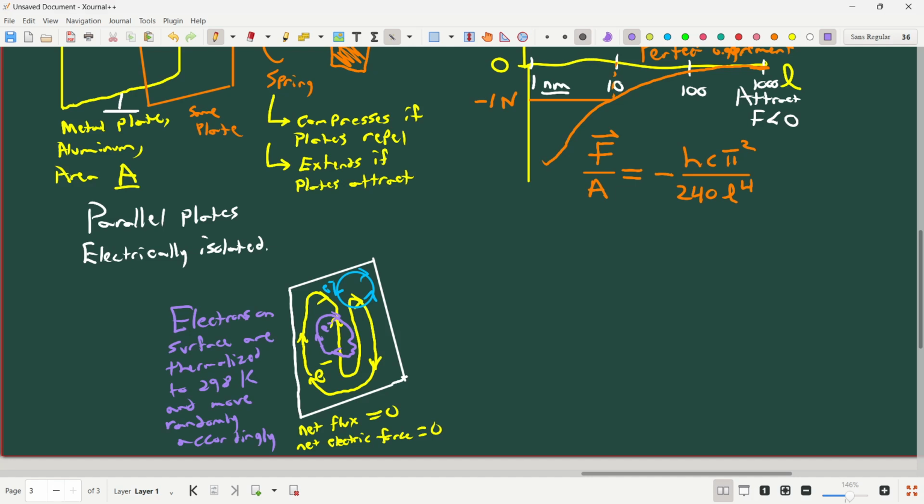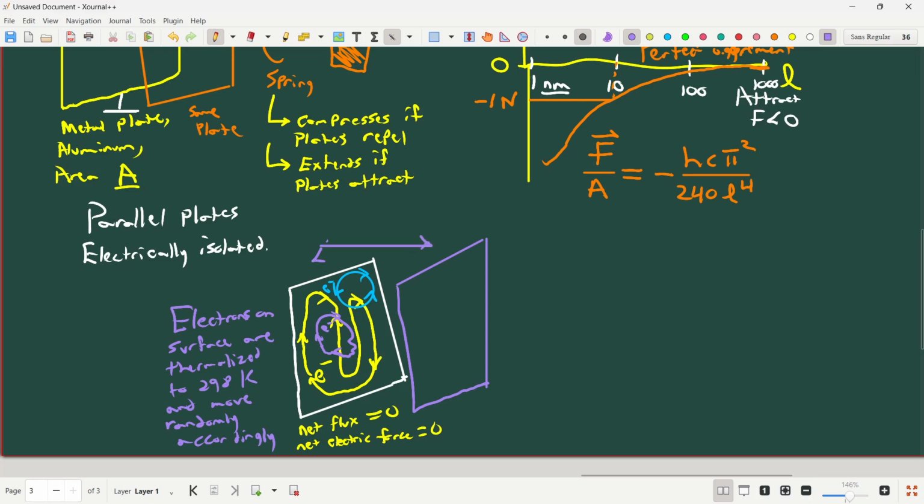Okay, so now what happens when you bring the other plate in? As you bring in the other plate, and again, I'm going to kind of screw this up, but that's okay, I bring the other plate in at distance L, right?